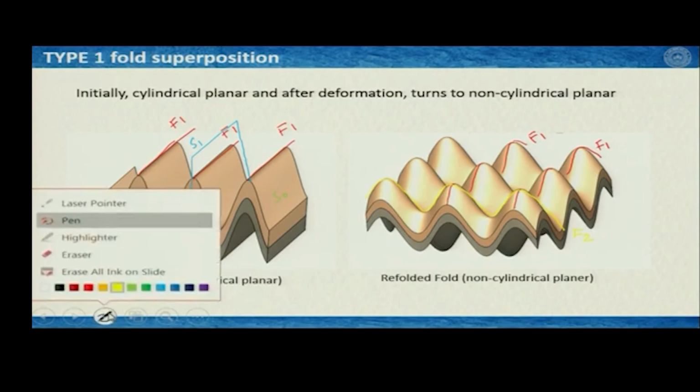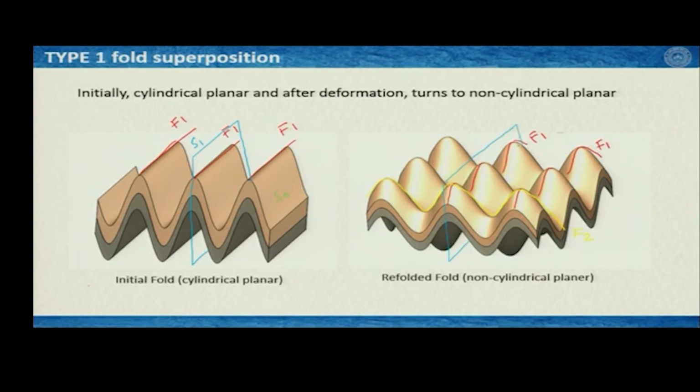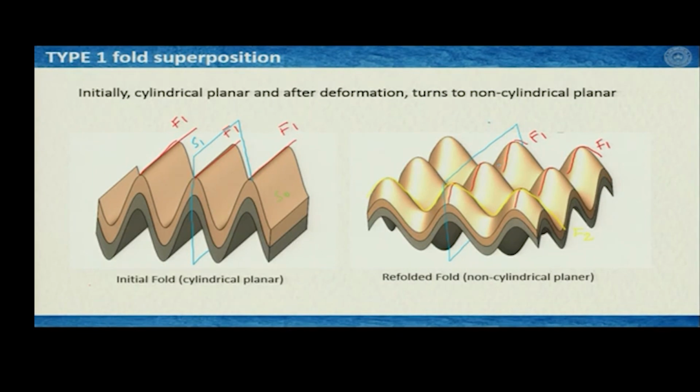Now, if I try to consider what happened with the S1, we can clearly see that S1 is still very much straight, though it deformed in this direction, the axial plane is still very much straight. So, this was your S1, and that did not become curved due to the second stage of deformation.